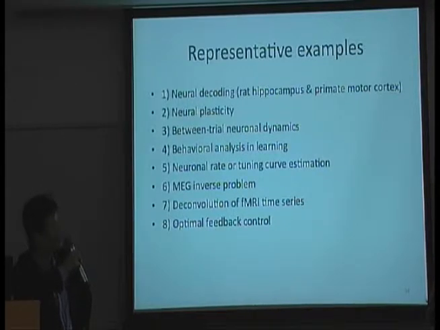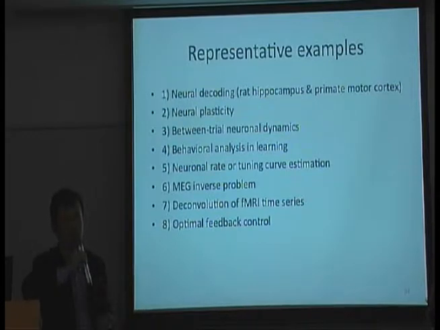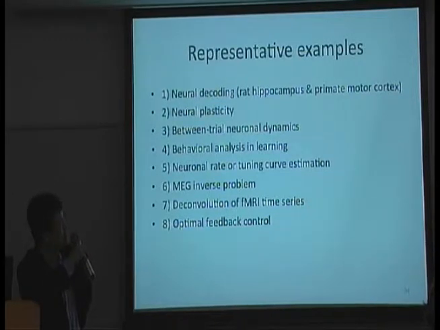The fifth example is very standard: you observe a spike train, and depending on the temporal resolution you care about, you want to estimate the firing rate function in the one-dimensional case. Sometimes it is multi-dimensional, for example, when you want to characterize the orientation tuning of a V1 unit or motor unit. Then you can use the state space model, or in general either an EM algorithm or MCMC kind of inference, to estimate.